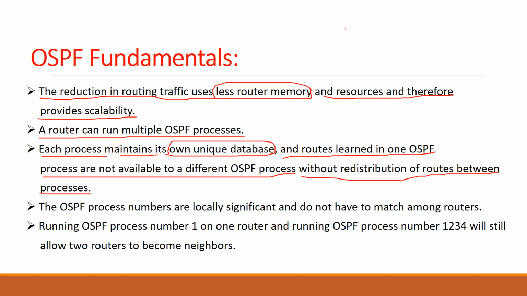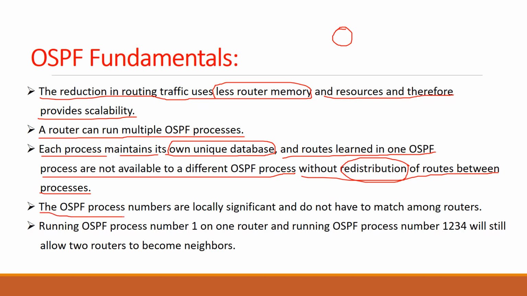What this means is, if we have a router here, it can run multiple OSPF processes, and each process is different from the other one, and routes learned in one OSPF process are not available to a different OSPF process without using redistribution. Redistribution means to send routes from one OSPF process to another OSPF process, or from one routing domain to another routing domain.